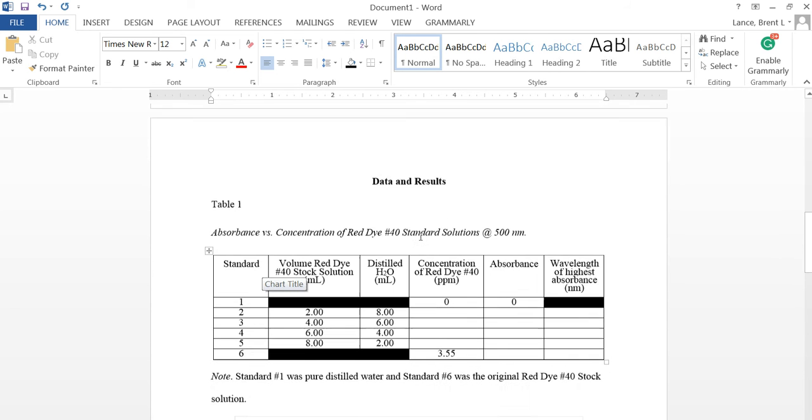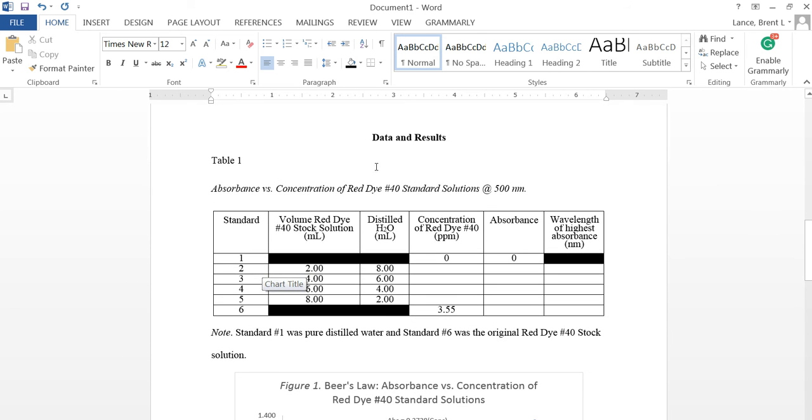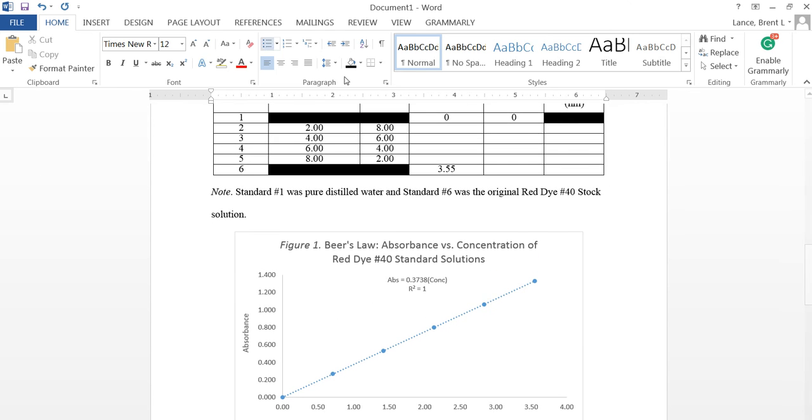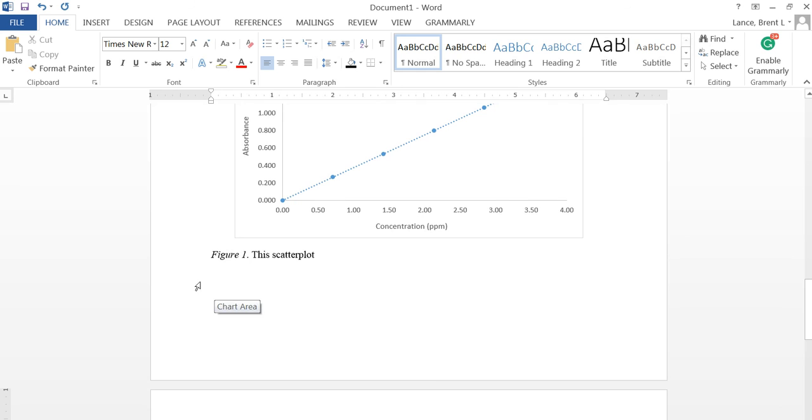Then after your figures in there, you've got your data table. You'll want to give some more data. Maybe the absorbance value for the unknown solution. So you would provide that value.